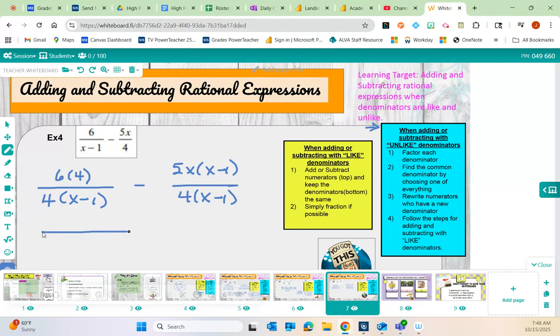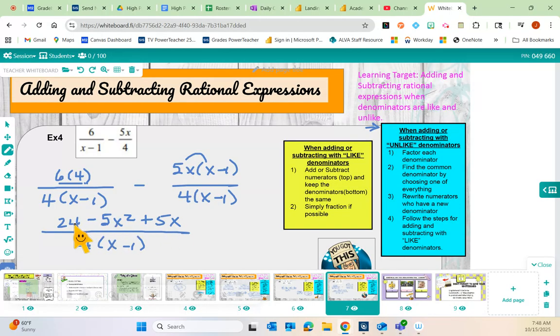Then I can write this as one big fraction. Before I can combine like terms, I do have to multiply, so that's going to give me 24. Since this is a minus sign, that means the 5x is negative, so negative 5x times x is negative 5x squared. And negative 5x times negative 1 is positive 5x.